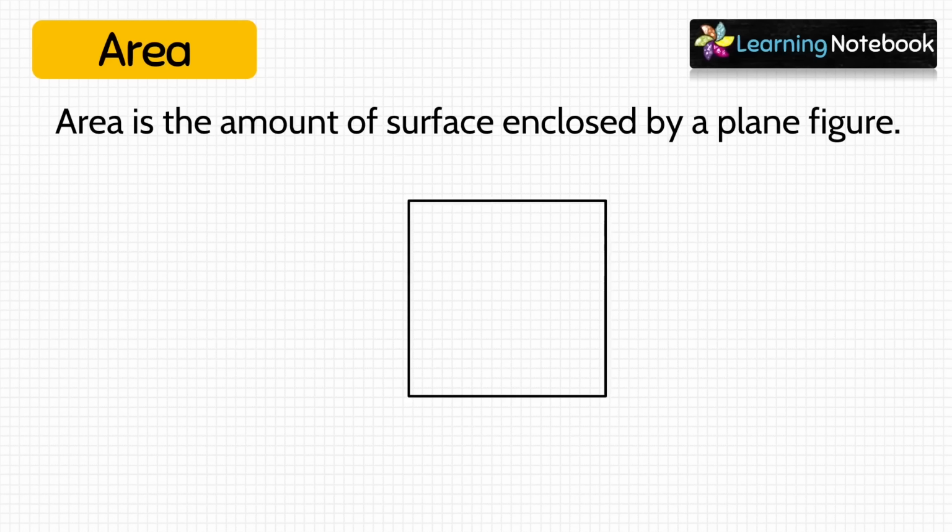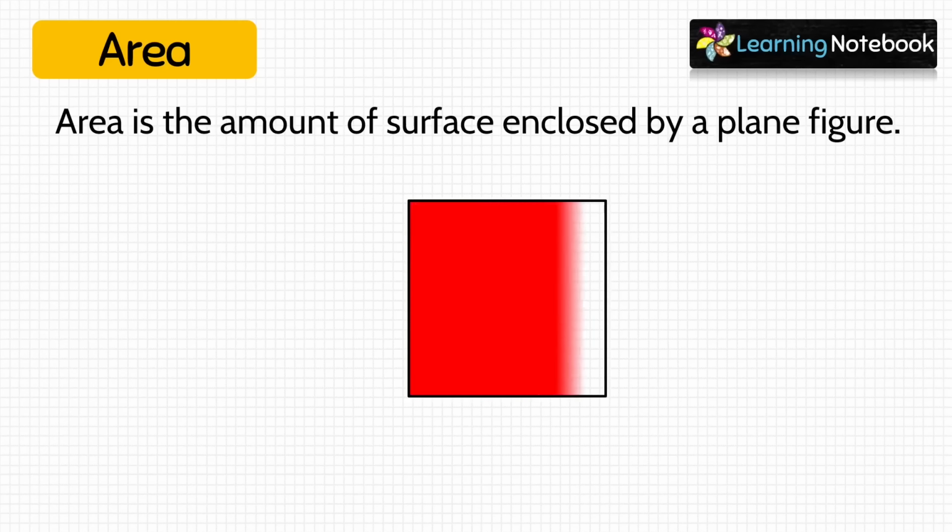It means we have drawn the perimeter of the square. Now, if we are filling color in this square, it means we are coloring the area of the square. So students, remember area is the amount of surface enclosed by a plane figure.